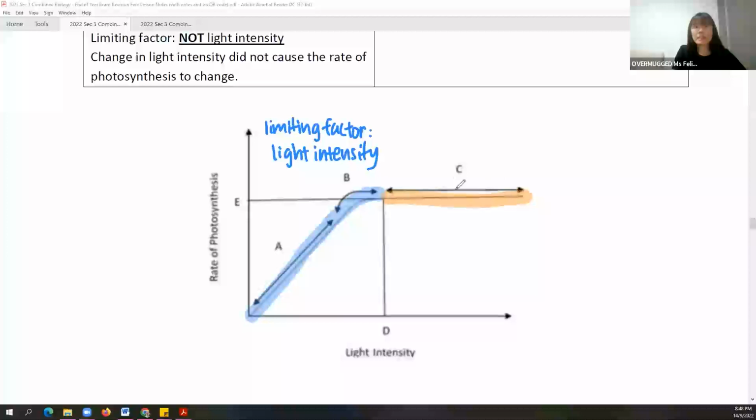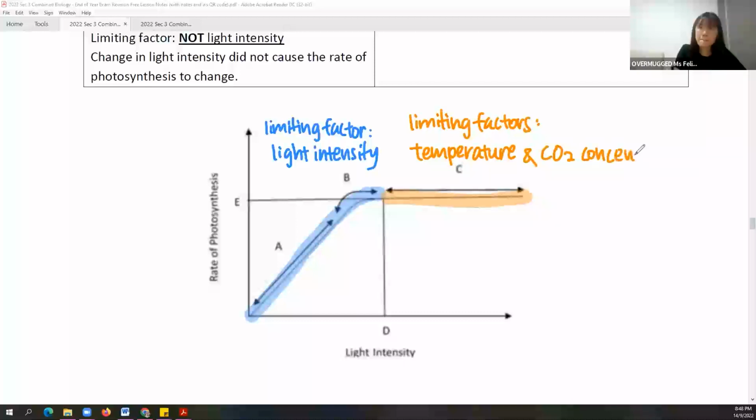Then for the second part over here, the limiting factor will be the rest, which is the temperature and carbon dioxide concentration. Make sure you follow and write it in.